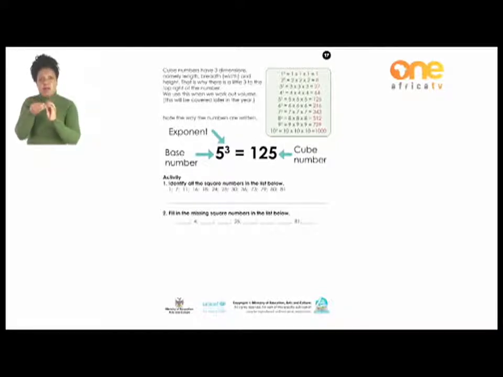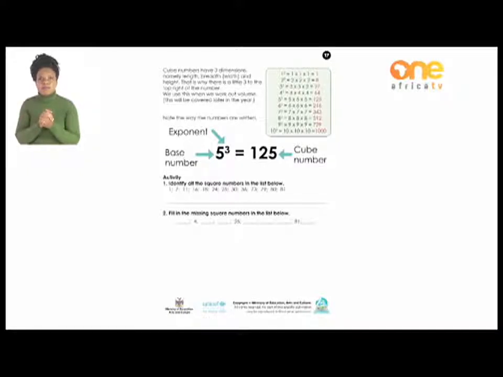We use this when we work out volume. This can be covered a little bit later. Note the way the number is written. There is an exponent, which is 3, which is also the power. There is also the base, which is 5, and the product, or the cube number, which is 125.